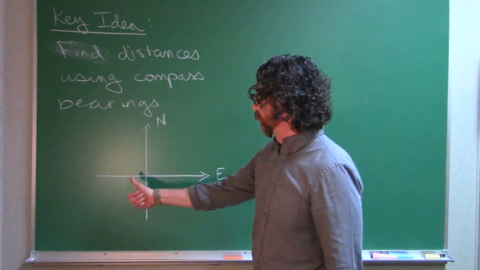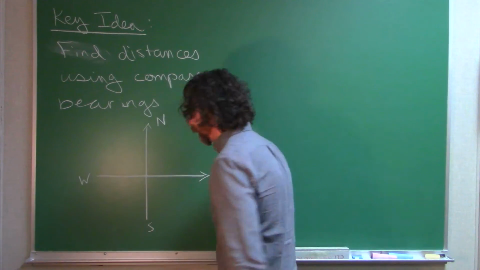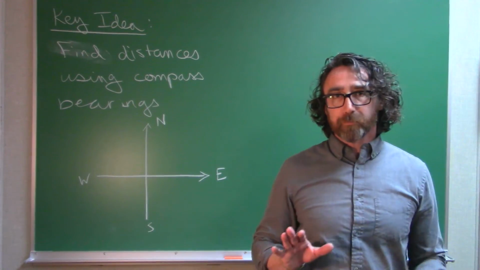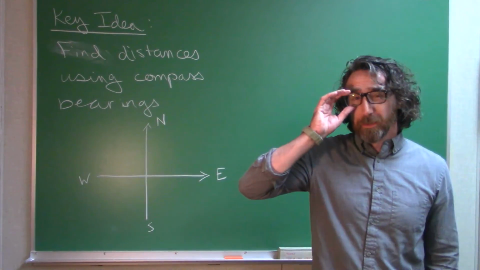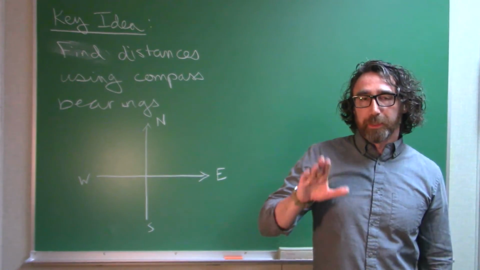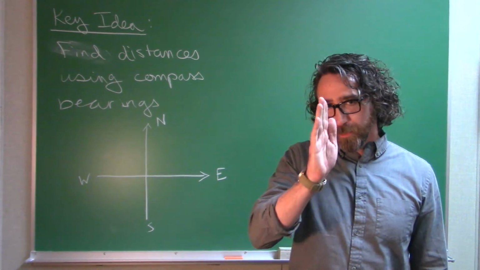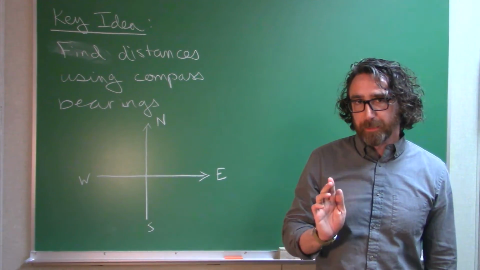So that direction is north, this direction is east, and of course we've got west and south. Now the way these bearings are given to us is they tell us the angle from the north-south line.